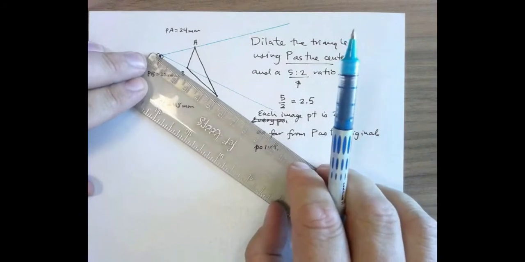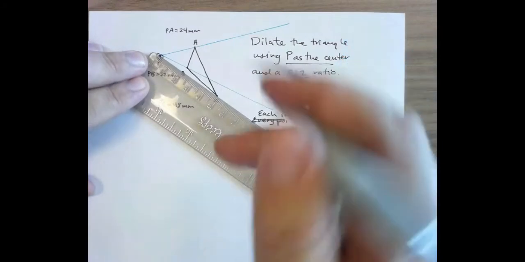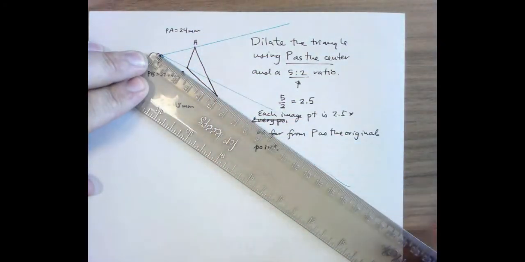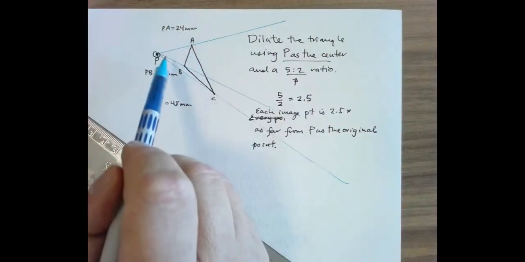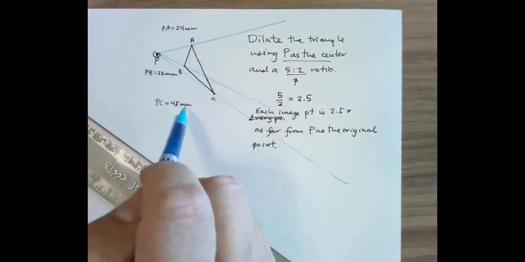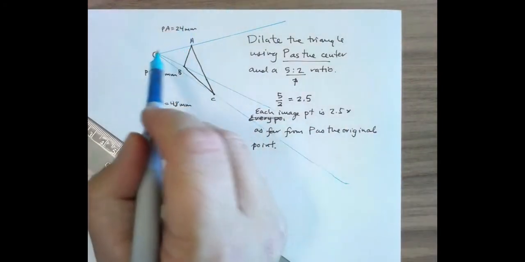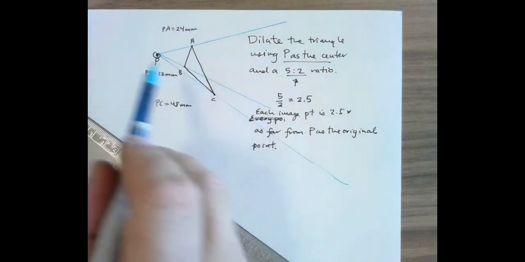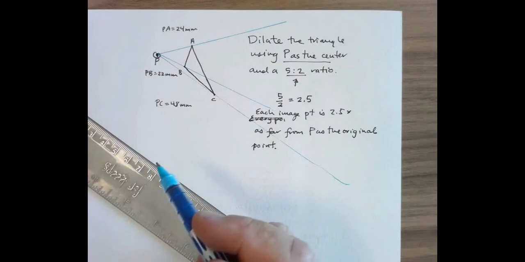The image points are going to move away from P and on along these lines. And the way we're going to do it is each of these distances, 24, 22, 48, are going to multiply by 2.5. And then we're going to measure P to those distances, and that will give me the image points that create my dilated figure.